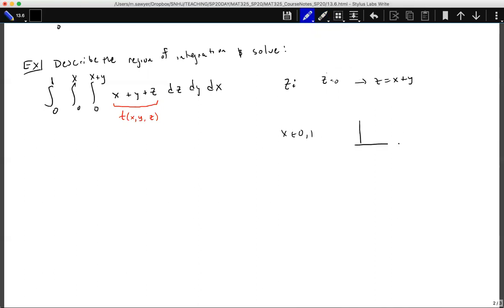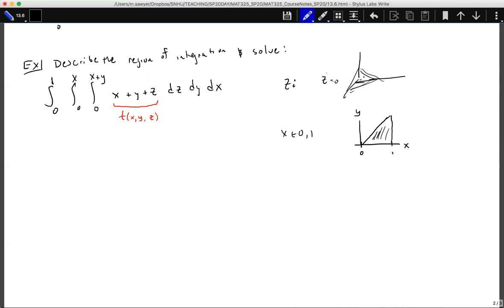if we're looking at the xy plane, here's our x, here's our y. X goes from 0 to 1, y goes from 0 to the line y equals x. So we're looking at this shaded region. And then z is building up from the line z equals 0, this bottom plane here, to the plane x plus y.